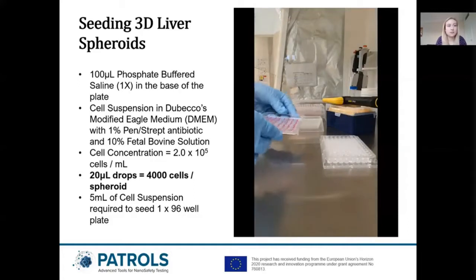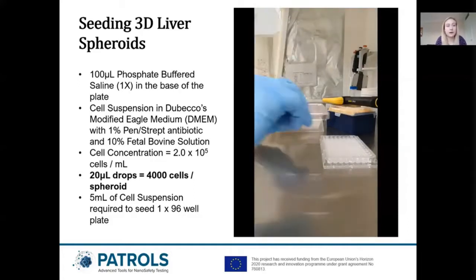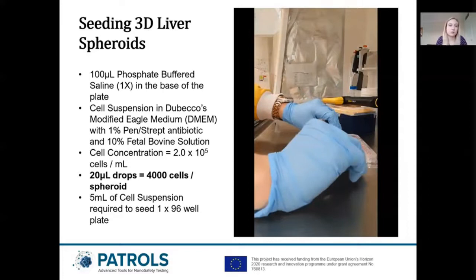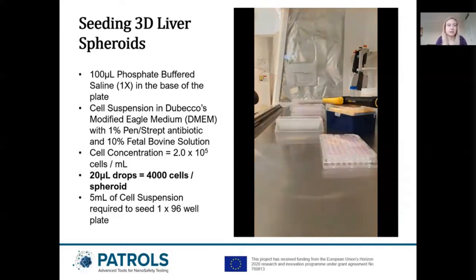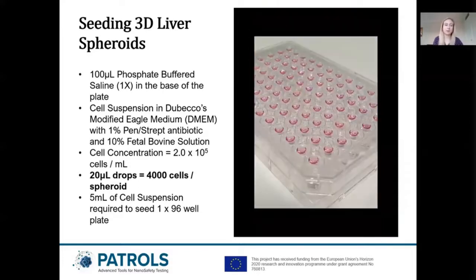Once you have seeded these, you then flip the lid and place it back onto the bottom of the 96-well plate. This can be quite tricky and does require a lot of practice, because whether you go too quickly or too slowly, it can affect how the spheroids then stay on the lid of the plate.